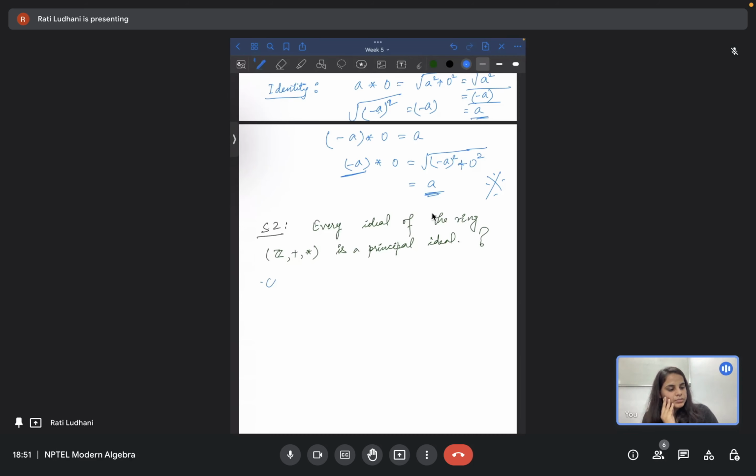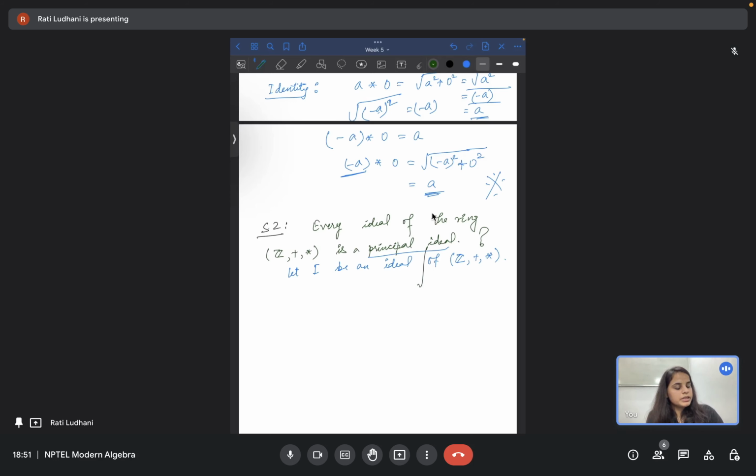So the claim is, okay, I should not start with the claim. Let I be an ideal of Z plus star. First thing, what is a principal ideal? I should go with the definition first.